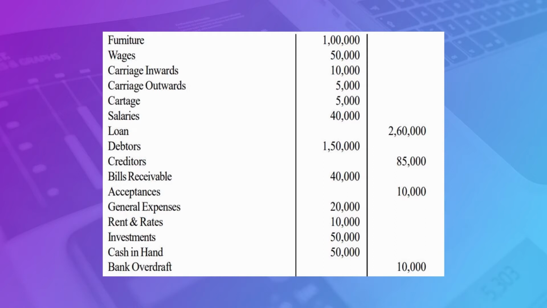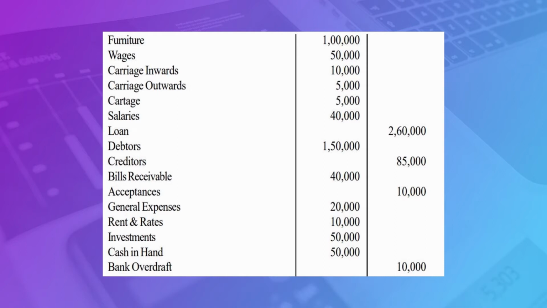Carriage inwards, an expense, has a debit balance of 10,000. Carriage outwards, again an expense, is 5,000. We have paid an amount on cartage, again an expense having a debit balance. Salaries are again an expense for the business, a debit balance.